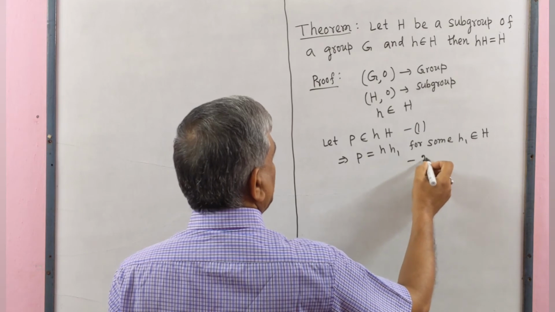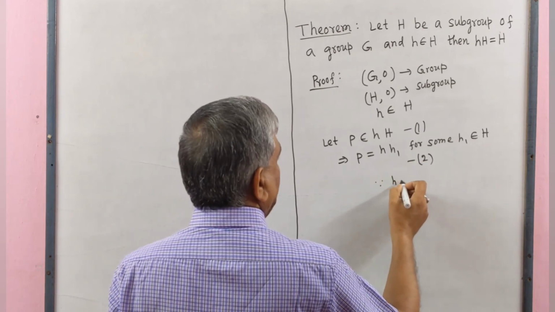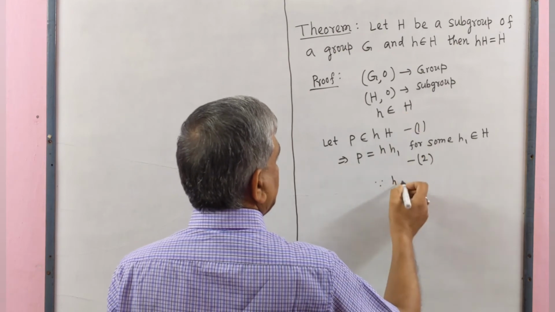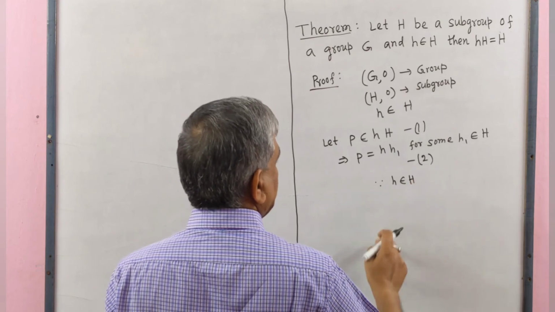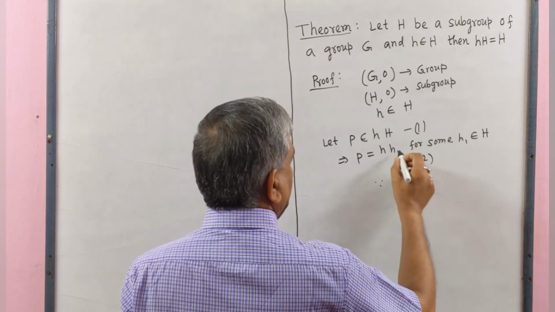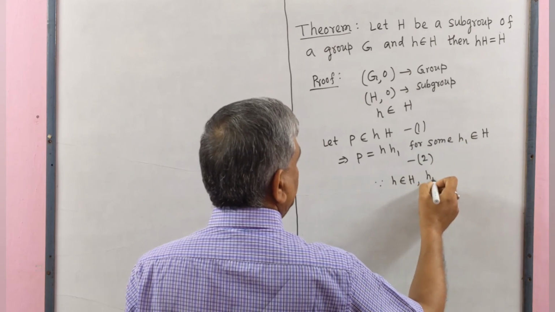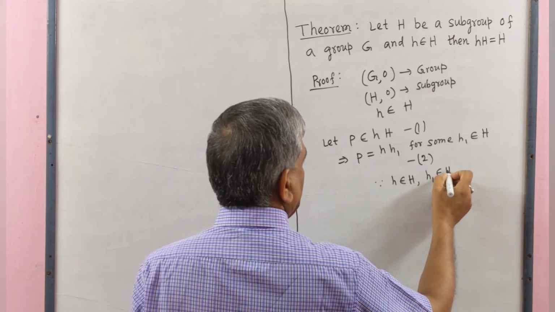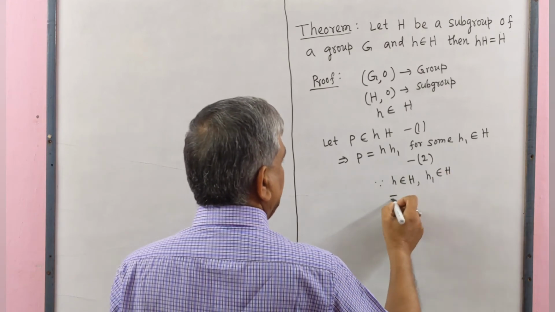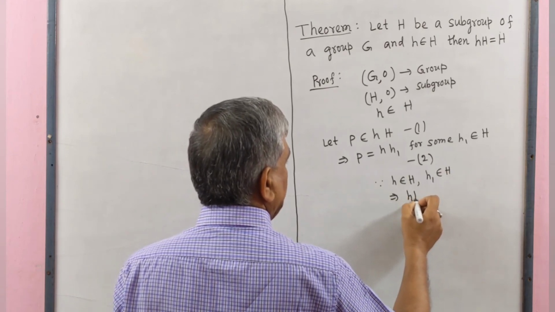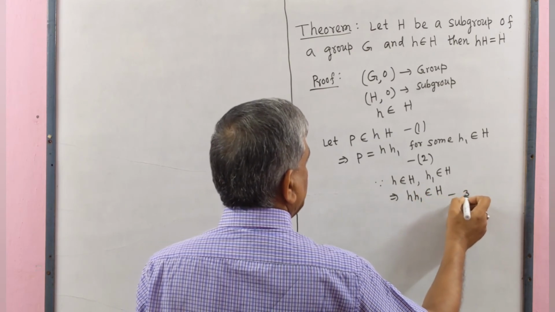This is number 2. Since small h belongs to capital H, a subgroup, and H1 is also an element of capital H, capital H is a subgroup, which implies that h H1 belongs to capital H. This is number 3.